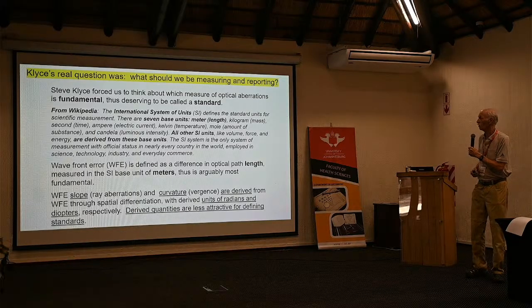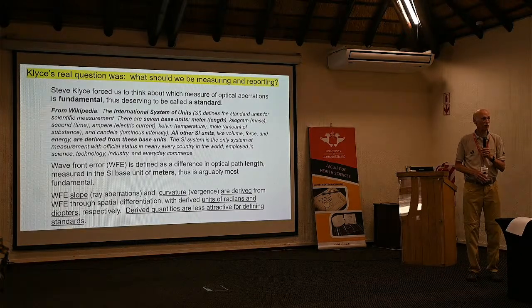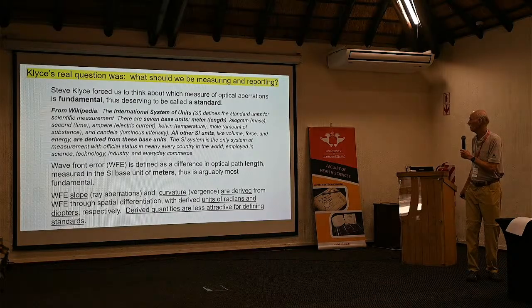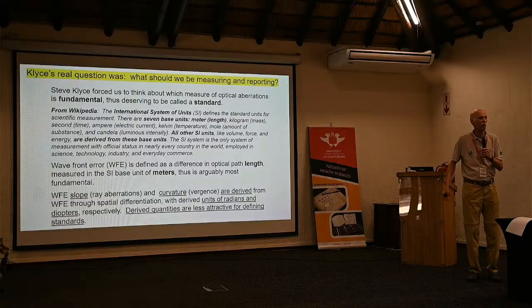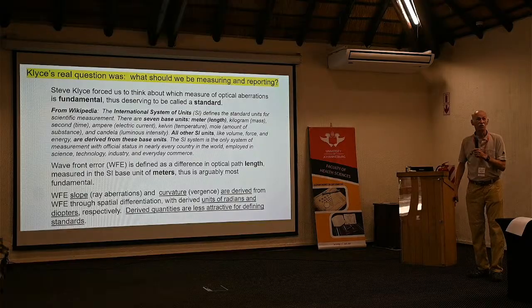I like this quote from Wikipedia. There are only 7 base units that describe every phenomenon in the physical world. There are length, mass, time, electric current, temperature, and so on. There's only 7. Now, there are thousands of units being used in science, but they're all derived from these 7 basic units. Now, what is wavefront error? It's a distance.